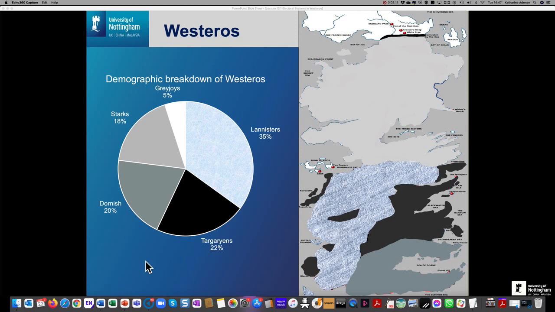It's important to appreciate that, as well as looking at the simple demographics of a country, you also need to look at where the groups are located, and I'll move on to that in a minute. And it's also important to look at the history of relations between the groups, because that will make them more or less likely to come into coalition or to cooperate with each other.